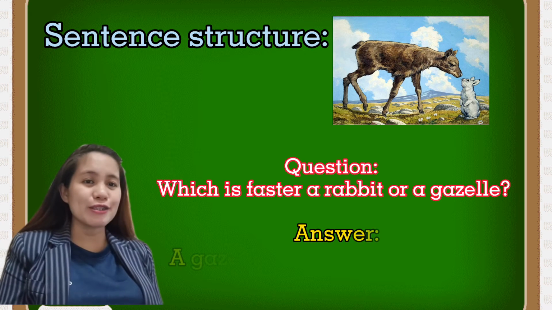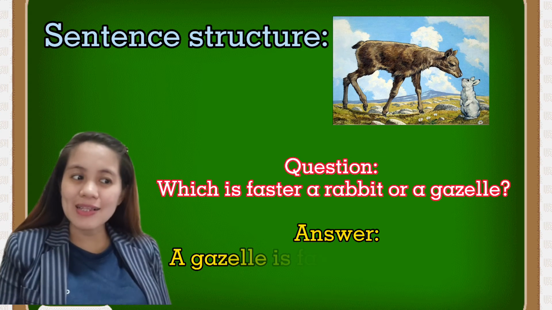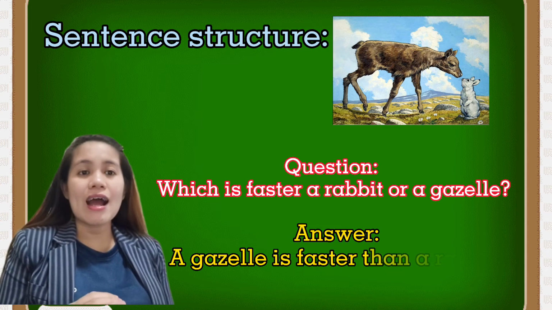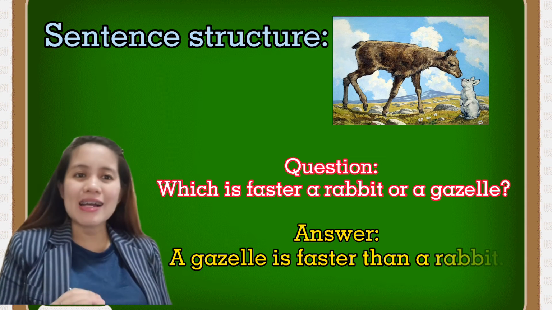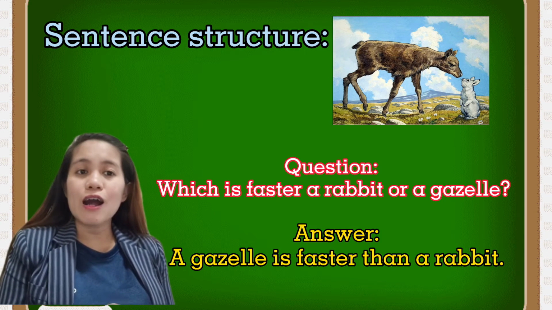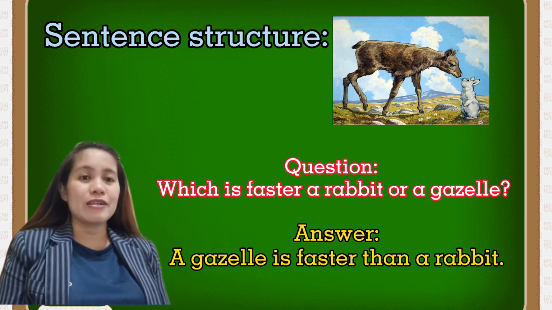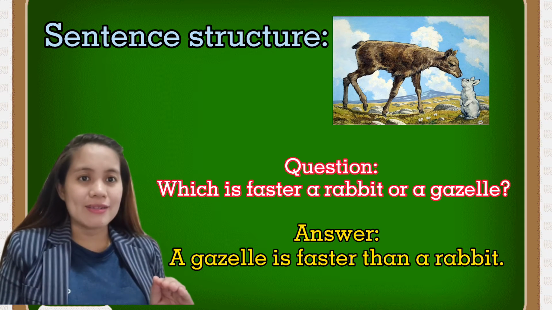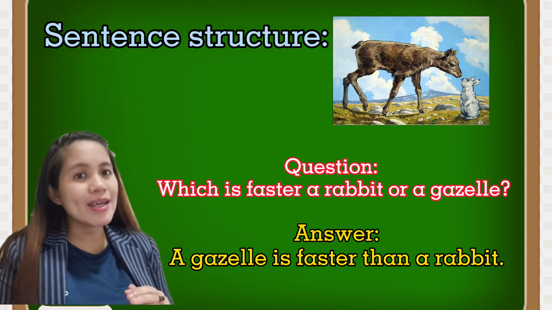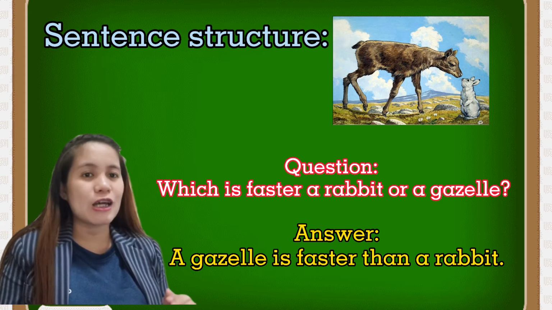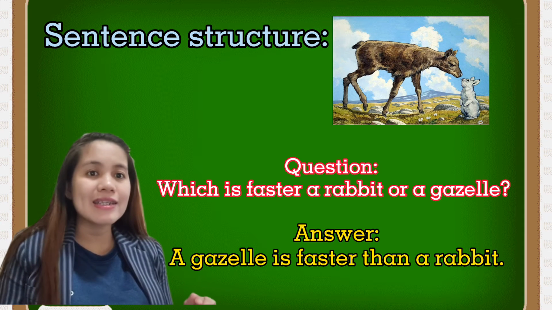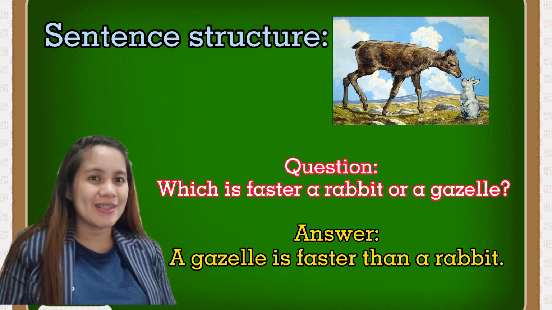And we answer, a gazelle is faster than a rabbit. Okay, we use "than" because we compare the rabbit and the gazelle. So, a gazelle is faster than a rabbit.